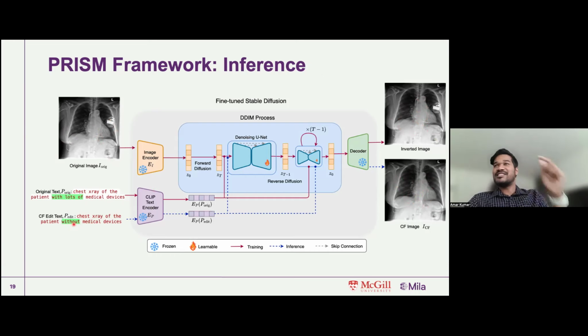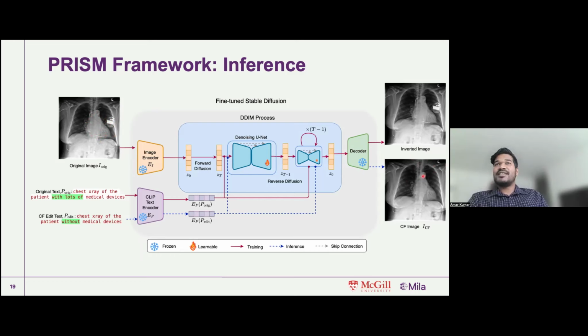So just this difference, which is with lots of medical device and without medical device, understanding that semantic context, it's able to erase these medical device. In this case, you have a pacemaker and you have a lot of chest tubes going on. Those are completely erased from the image like a magic tool. So this is what the model was capable of doing.